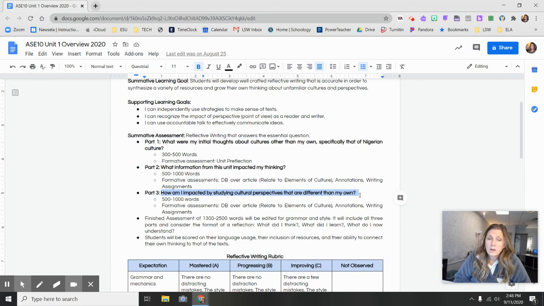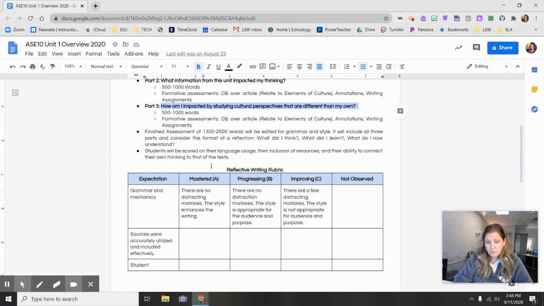There's no way to encounter something new without having it impact some of your thinking. It could reinforce thinking you already have, or it could change your thinking completely. So you need to be open-minded to experiencing this and deciding how that is happening for you. I'll put this overview in the link for you so you have a general idea.